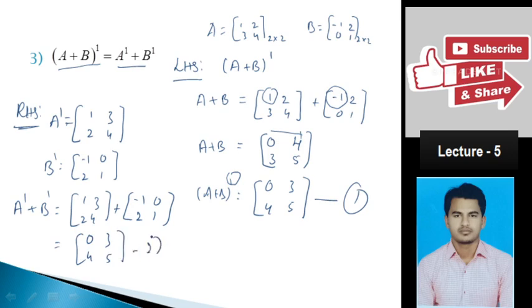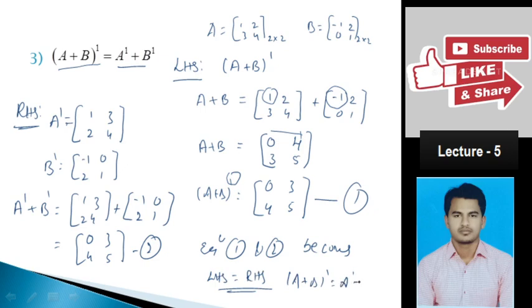Now equation number 2. Equation number 1 and equation number 2 are equal, that is LHS is equal to RHS. Means (A plus B) whole dash is equal to A dash plus B dash. Always true, this property. Clear?